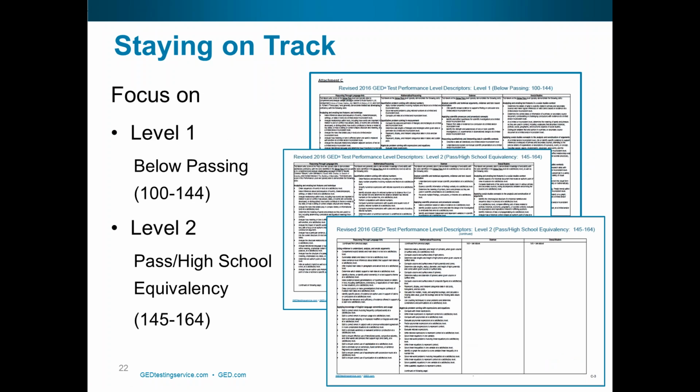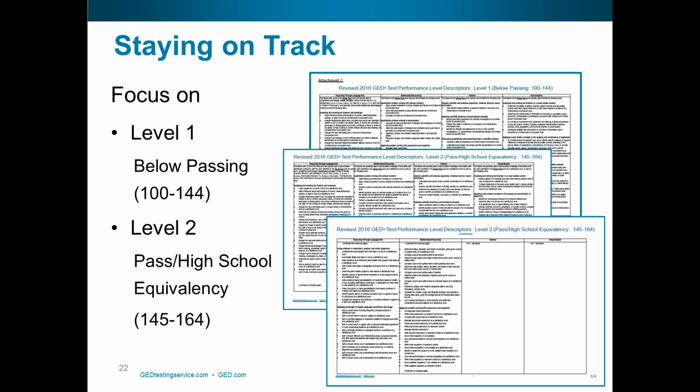And then finally, we want to make sure that we're moving on to that level 2. In that technical guide that you have, you may need to pull out a magnifying glass because the print is very small. But if you print on legal paper, you'll be able to really take a look at each one of those different areas.